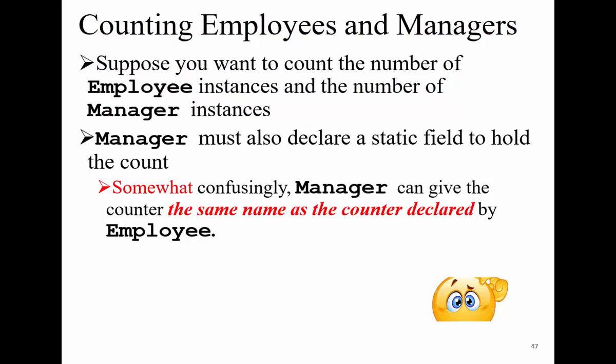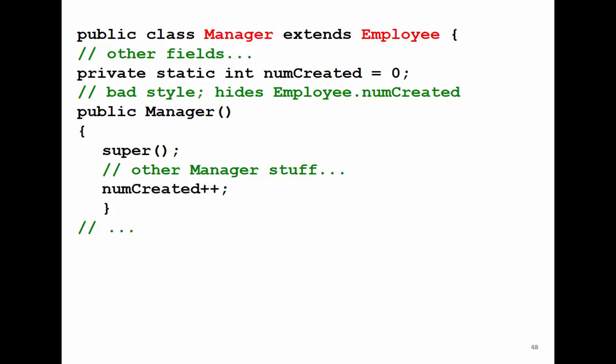We have Manager extends Employee, and we create a private static integer numberCreated. The name of this static field is identical to the name of the static field inside Employee. Now we say super numberCreated.